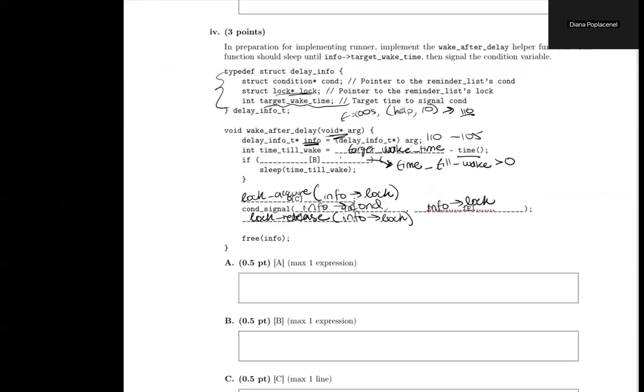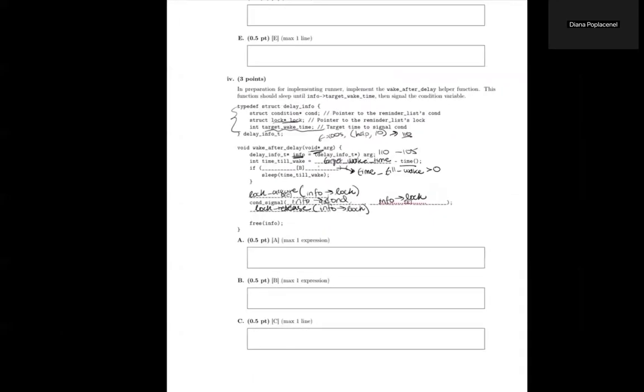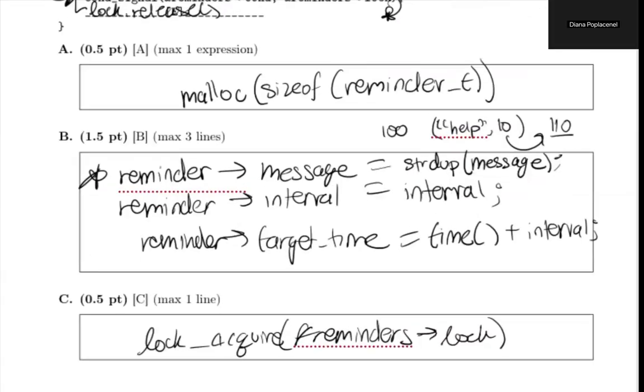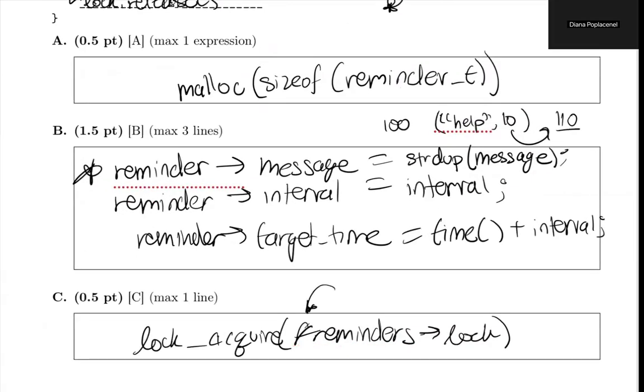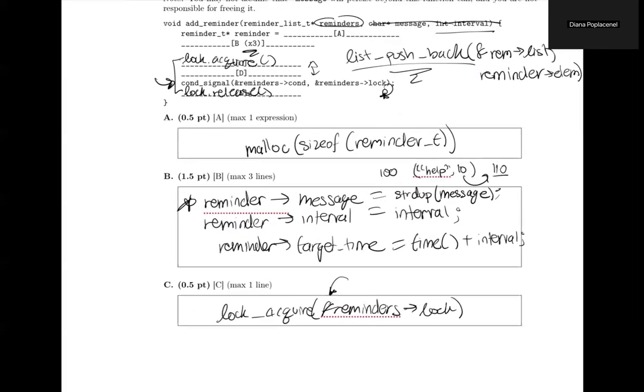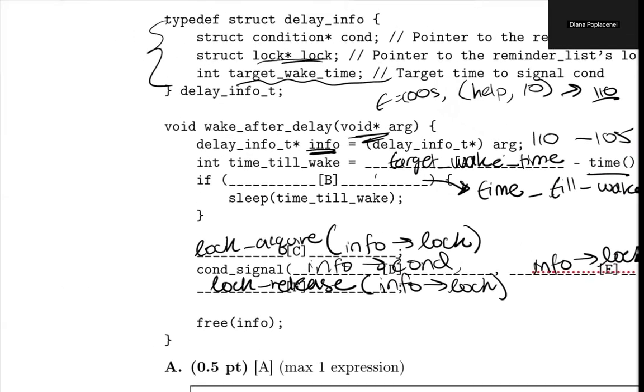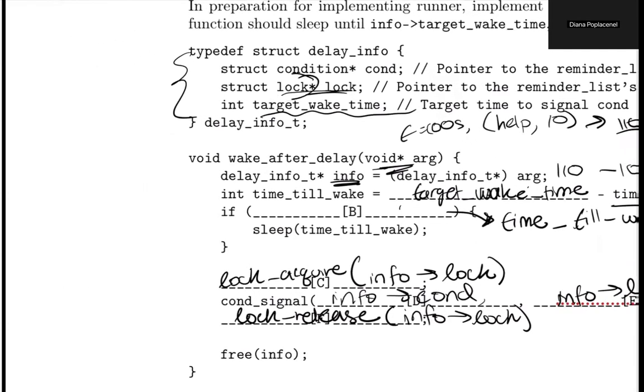And note what is different between this lock acquire and cond signal versus this lock acquire, for example. Well, in one of them, we have an ampersand, and that's because lock acquire takes the pointer to the lock. Here, we're already given the pointer to the lock, right? This is not a struct lock, it's a lock pointer. So just like a small note, I know there's been a lot of questions about when do you pass in the pointer versus the value for this type of thing. So yeah.